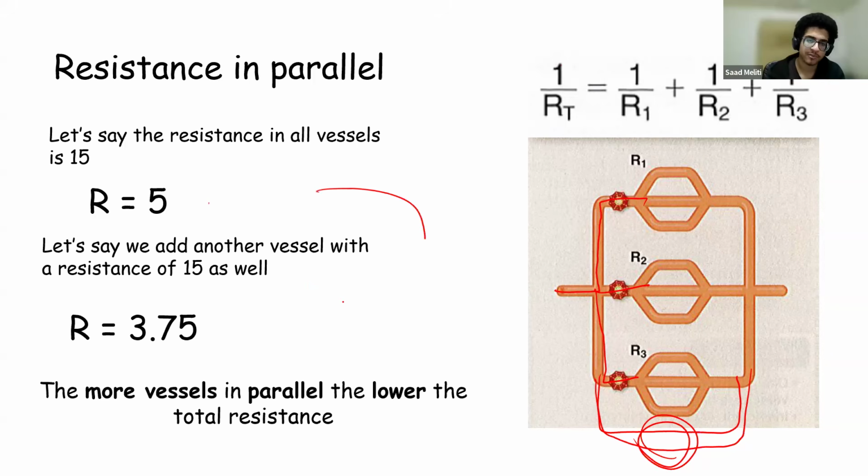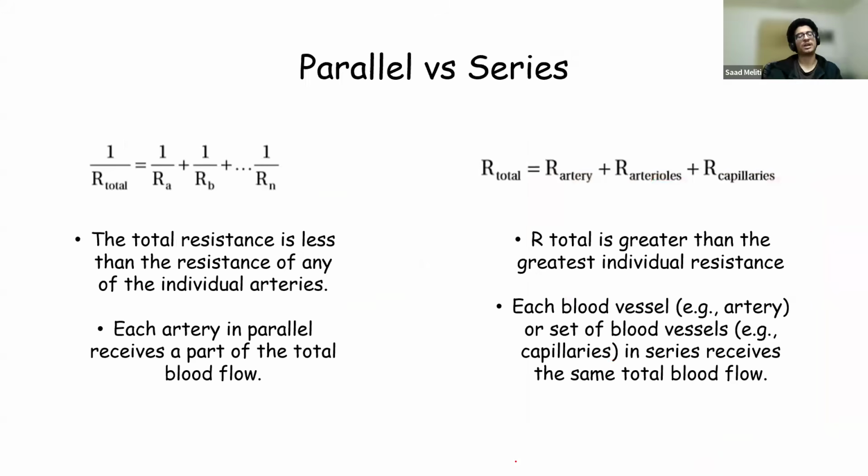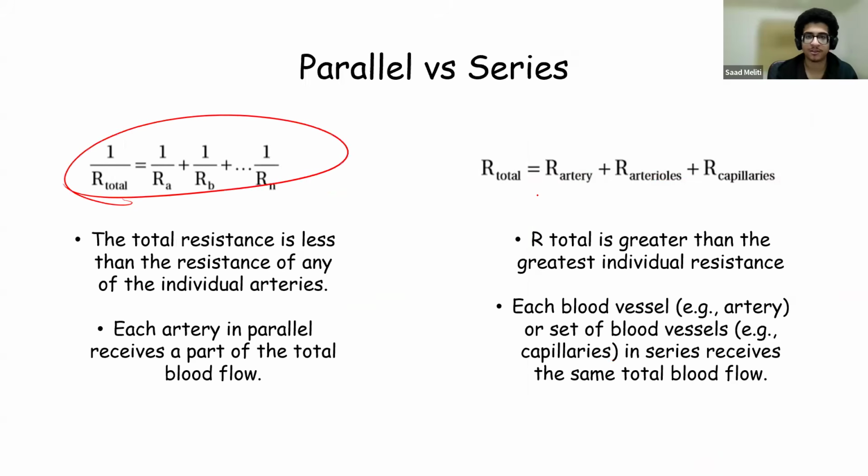Look how we added another blood vessel and the resistance dropped. So the more blood vessels we add in parallel, the lower the total resistance is going to be. But in series, the more blood vessels we add with more resistance, the more resistance there's going to be. I hope that makes sense. Now we're going to compare between them. We have parallel versus series. This is parallel right here.